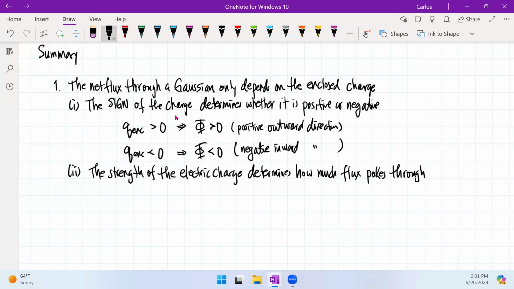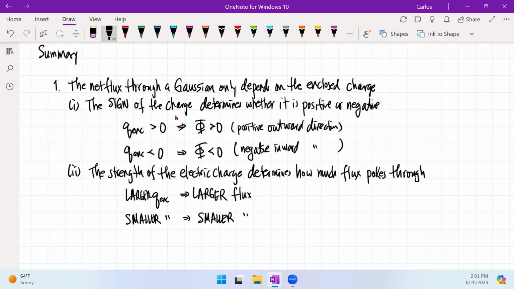In other words, if I have a large Q enclosed, then I'm going to have a large flux. If I have a smaller Q enclosed, then I'm going to have a smaller flux.